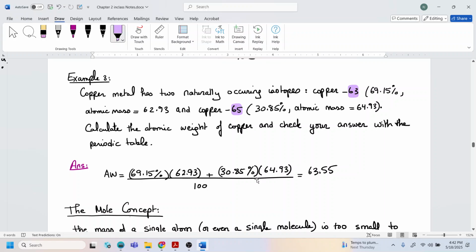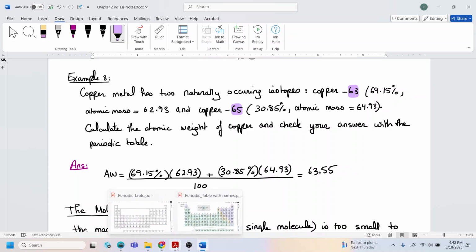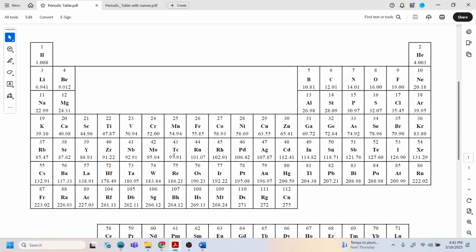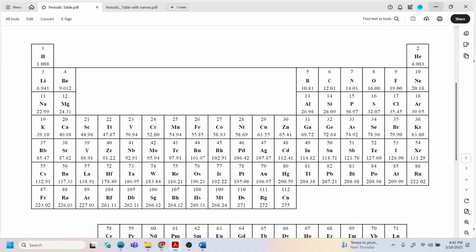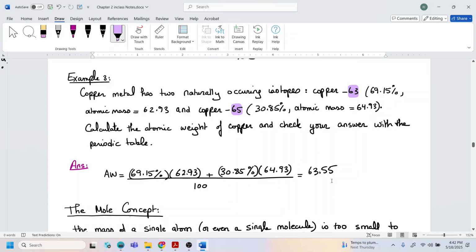Multiply them, sum them up, divide by 100, and you get the atomic weight of copper. We're going to check it in the periodic table. Copper is here, and it is 63.55. So whatever atomic weight you get is going to be exactly the same atomic weight as the average of all the isotopes.